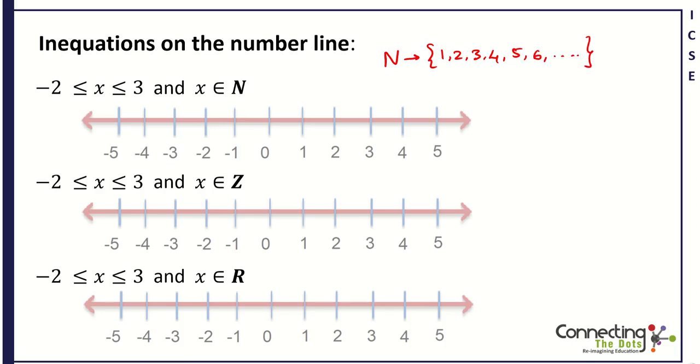But we are looking for numbers which are between -2 and 3. So which numbers do we pick from the set of natural numbers? The only numbers we can pick are this, this, and this. 1, 2, and 3. Those are the only 3 natural numbers which satisfy the given inequation.